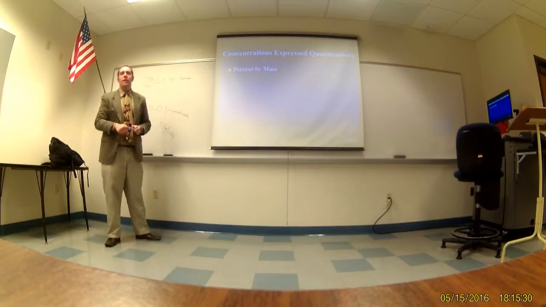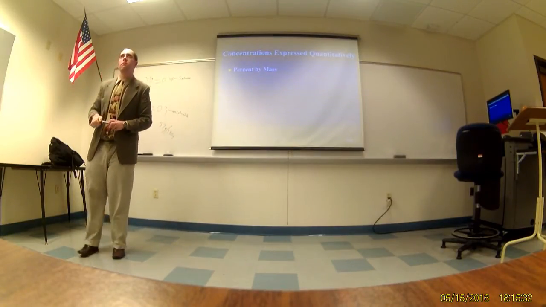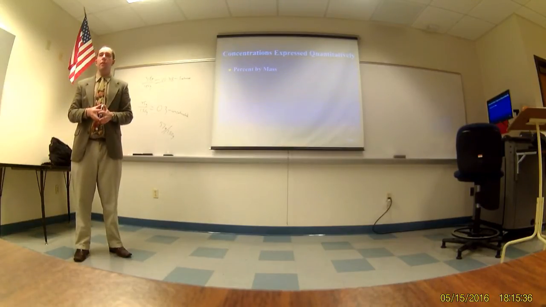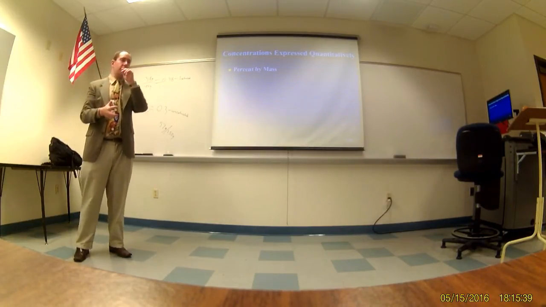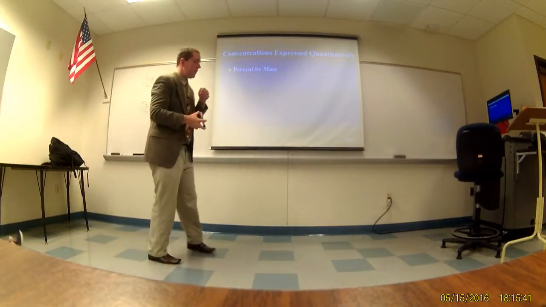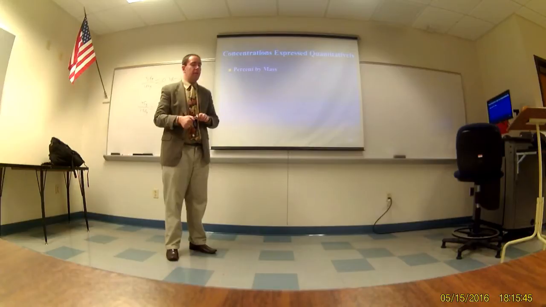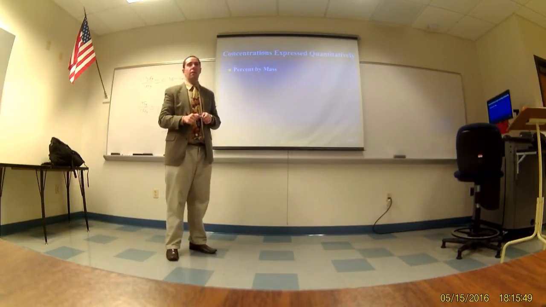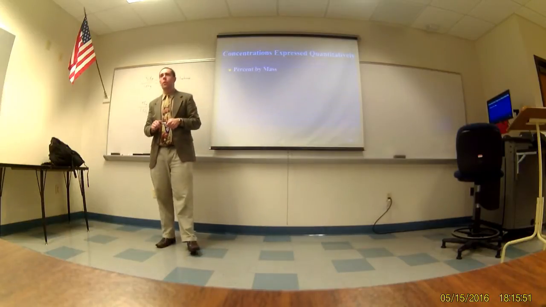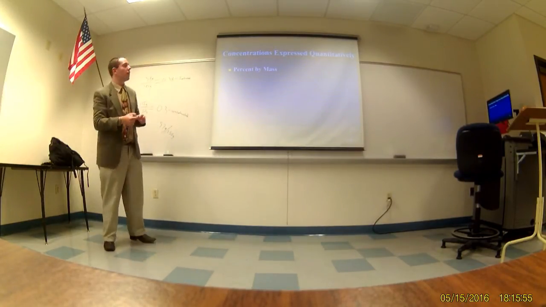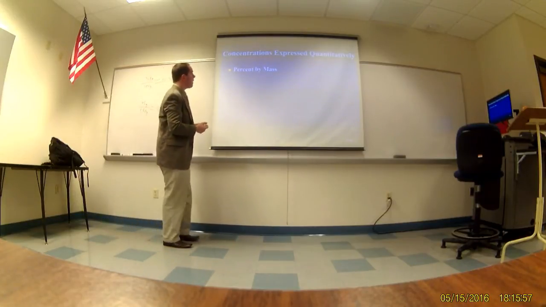So, when we were in lab, I think last Thursday, one of the questions everybody was asking was that the lab wanted, I believe, 0.5 m HNO3, and you had 0.1 m HNO3. And so we're going to talk about what that m means.